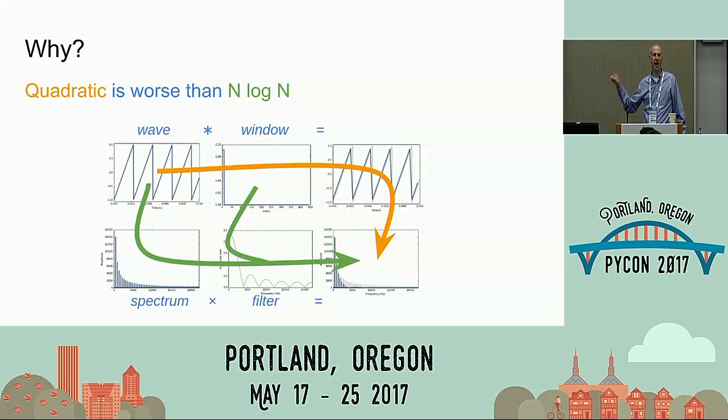So the green line here is two Fourier transforms that are n log n, and then the element-wise multiplication of two vectors, and that's linear, that's n. So the green line here takes n log n time total. The orange line usually takes n squared time, or quadratic. So Fast Fourier Transform plus convolution theorem gives us efficient ways of doing a lot of computations like this that go back and forth between the time domain and the frequency domain.